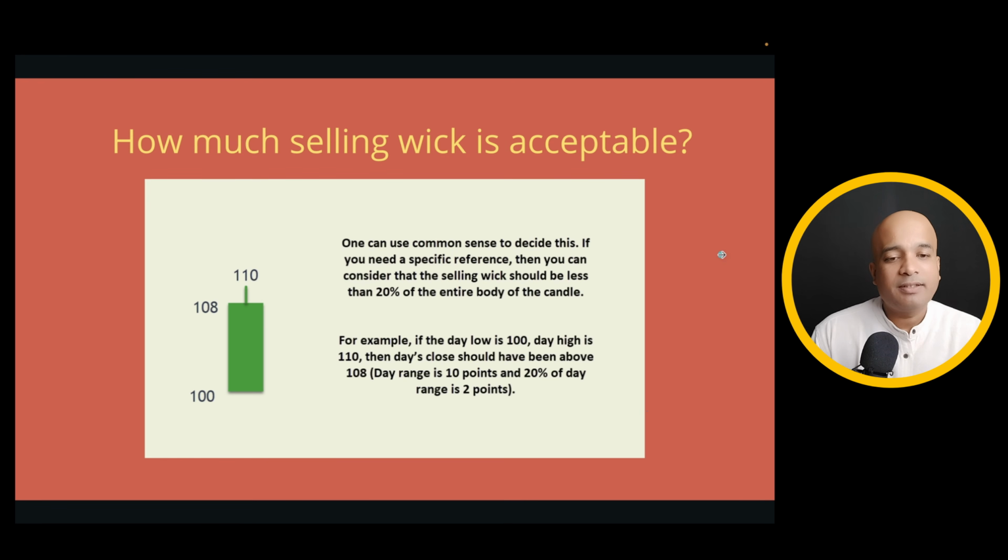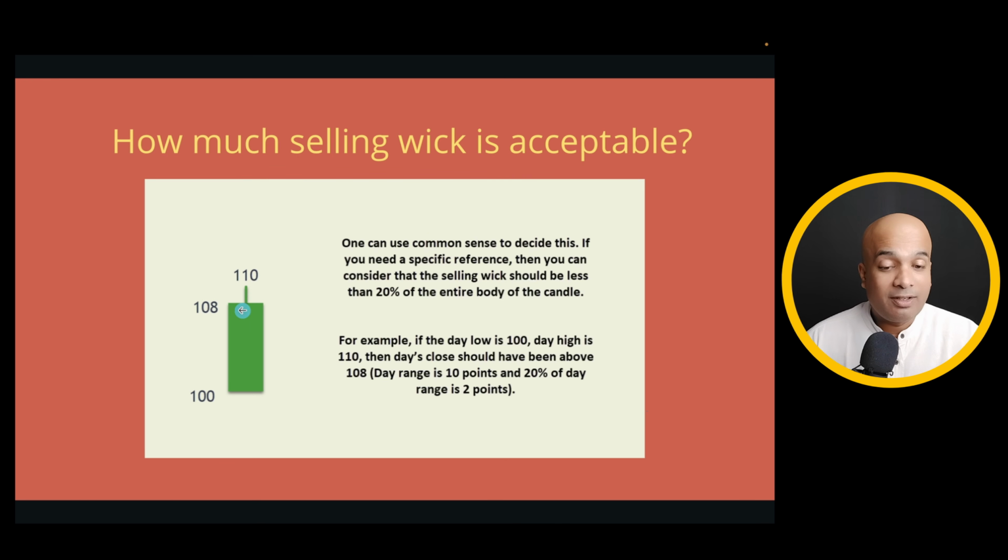Now many people ask how much selling is acceptable. Generally, I would say go with a normal rule of thumb. But if you are a real beginner, ensure that the selling wick is less than 20% of the entire candle. For example, assume this is the overall range of the breakout candle: 100 is the low, 110 is the high, 108 is the close.